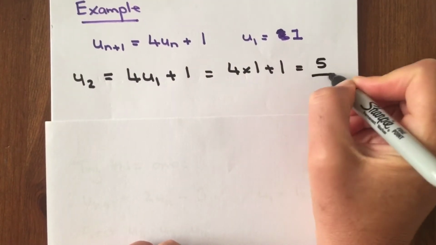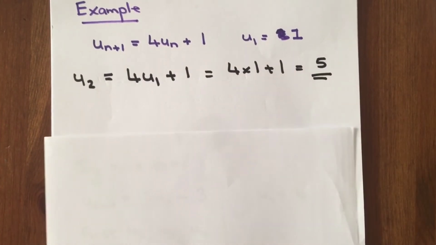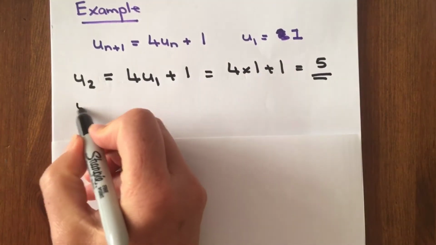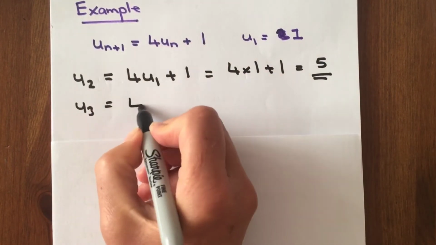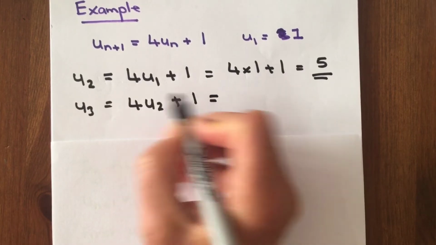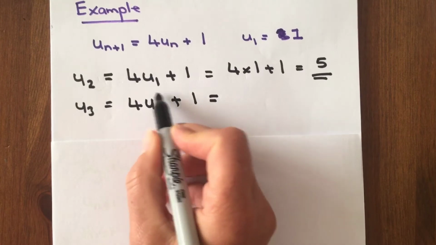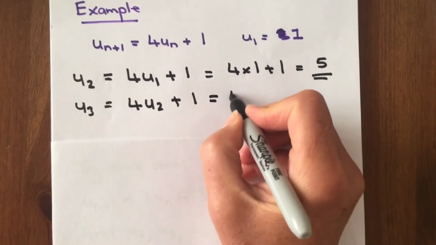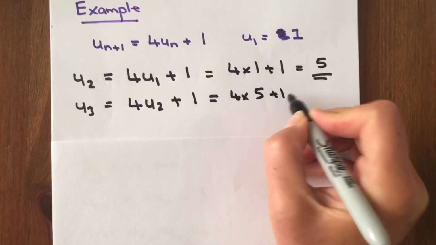So you get 5. Okay, so we know the second term now. If you wanted to find the third term, go back to your recurrence relationship. It's 4 times the term before plus 1. The 4 and the 1 are not changing. It's only the term itself that's changing. So it's 4 times the second term plus 1.